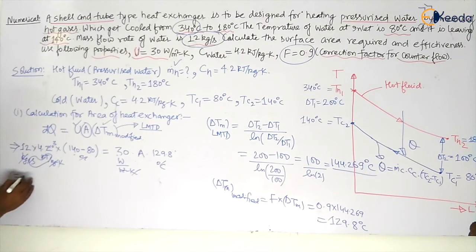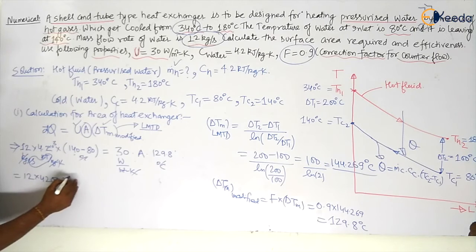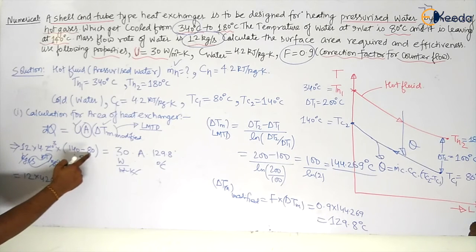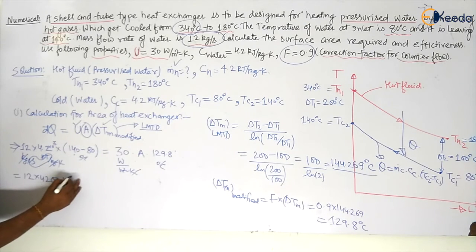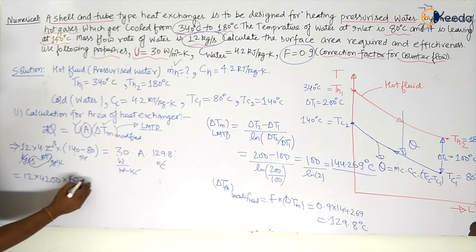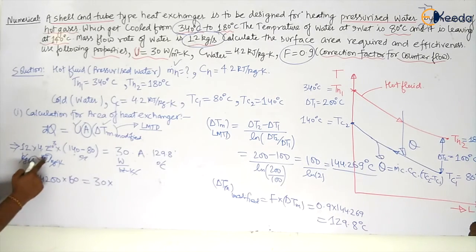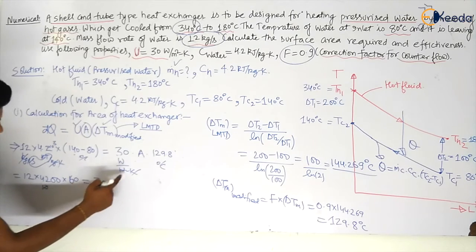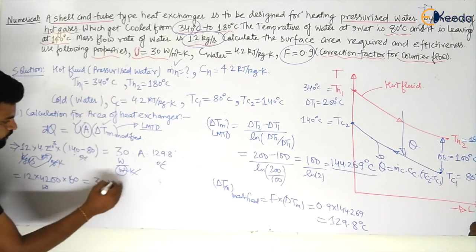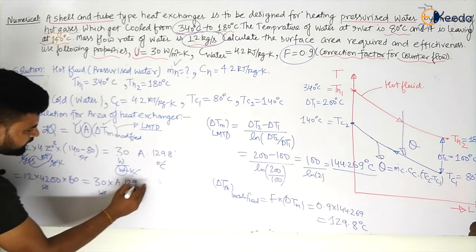So this will become 12 multiplied by 4200, my dear students, multiplied by 140 minus 80, which will be 60 degree. So 30 multiplied by watt, that will be in watt now. Joule per second means watt. Watt is also there, so this will be cancelled out. You will be left with only meter square. So let us say area multiplied by 129.8.